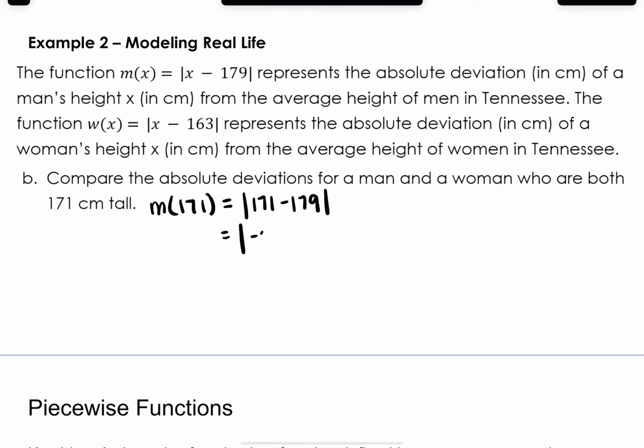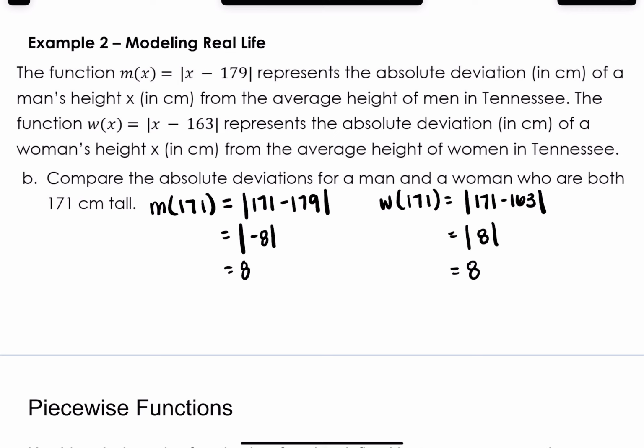So simplify, that's negative 8, which the absolute value of that is positive 8. For women, when I plug that in, I've got the absolute value of 171 minus 163. When you simplify that, that's positive 8, which the absolute value of that is positive 8.